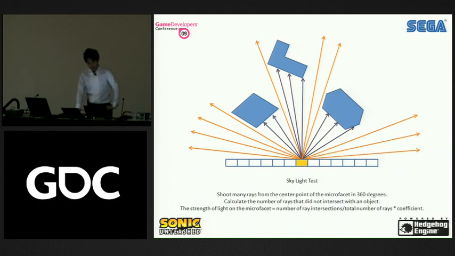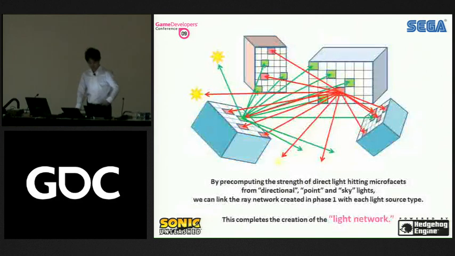And this is a skylight. It's a little bit different. There are so many microfacets, and actually there are a lot of rays which come from one microfacet, and then you remember the ratio. This is like ambient occlusion.